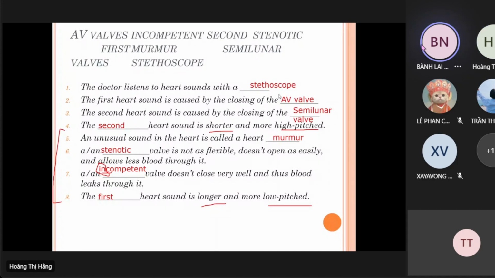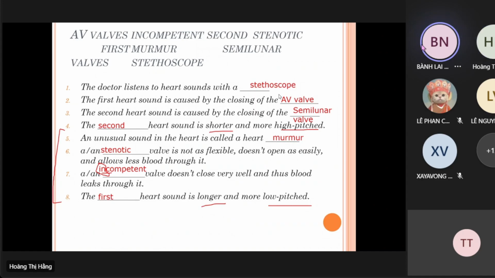Yeah. However, if the heart cells or heart rate is abnormal, so they use electrocardiograph, known as EKG. Yes.